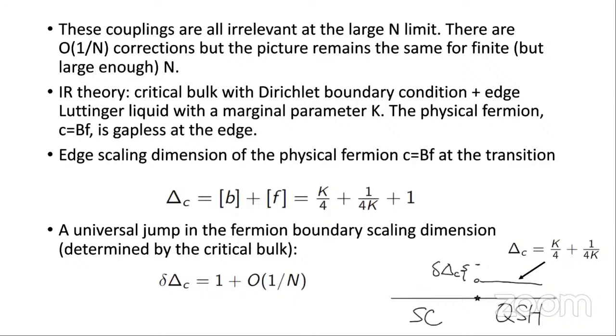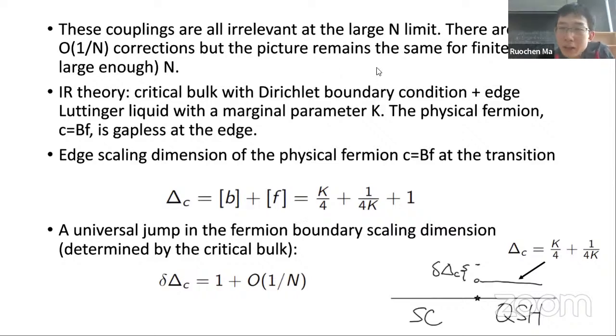So how do you expect this universal jump to change if you include the 1/N correction? It should be modified.